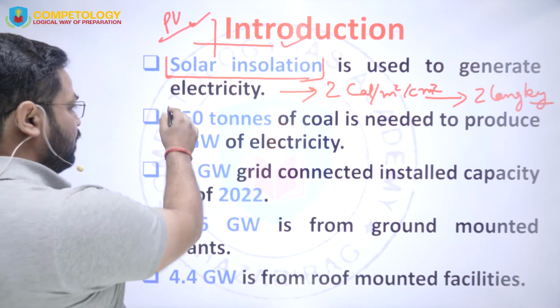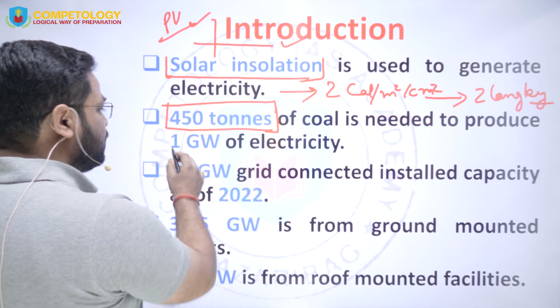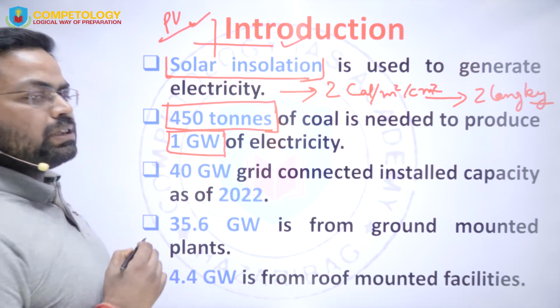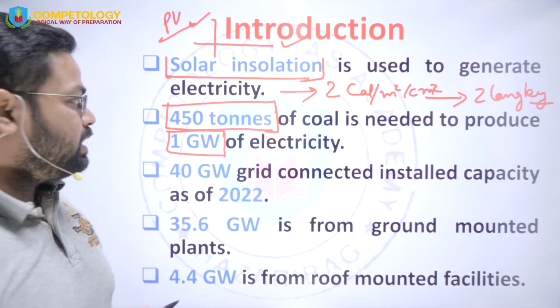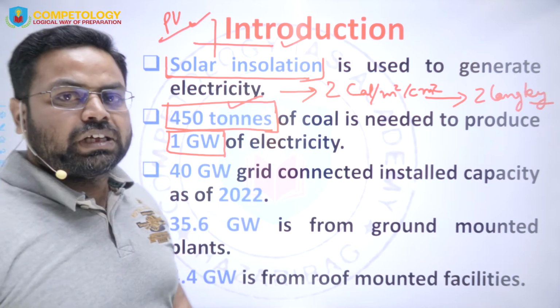Here if you consider how much coal is needed for production of 1 gigawatt of electricity in thermal power plants, then it is to the tune of 450 tons of coal.